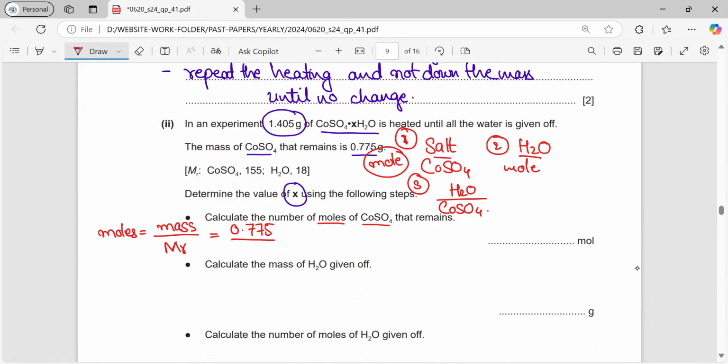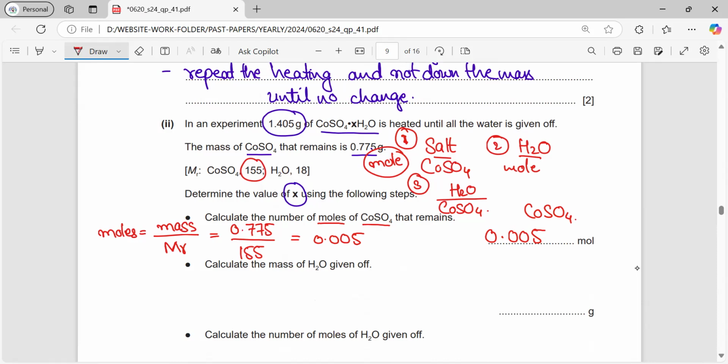Then we will find out the molar mass of cobalt sulfate, which is given to us in the question, 155. So 0.775 divided by 155, the answer comes out to be 0.005 moles. These are the moles of cobalt sulfate.